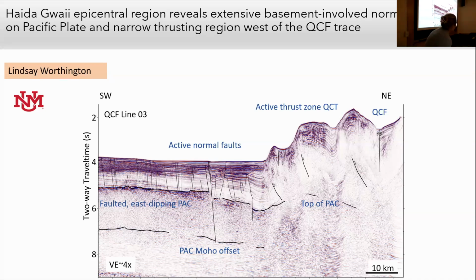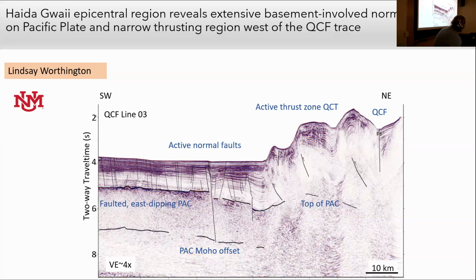If you picked out a near vertical location where the seafloor expression of the fault would be, it would be way over here in an interesting place where you can see a subtle change across the Queen Charlotte fault, but at least with the reflection data, we're not able to learn much about the fault zone itself, except that it seems to be a transition from really significant deformation on the west to something not very deformed, at least in modern times, within this little sedimentary basin on the east side.